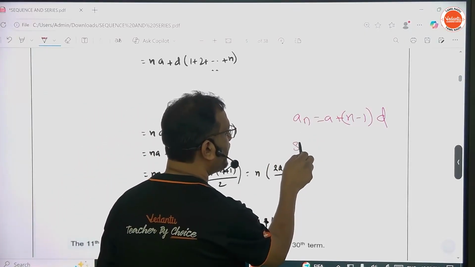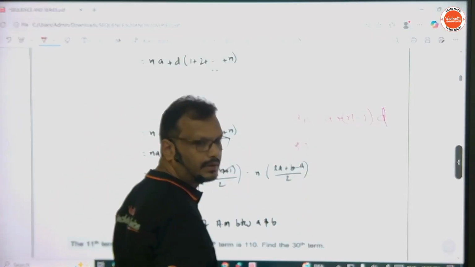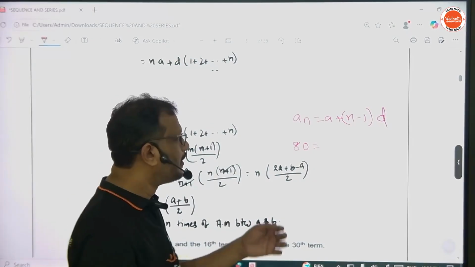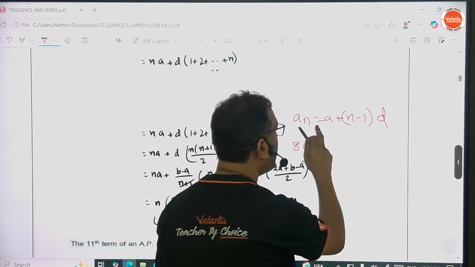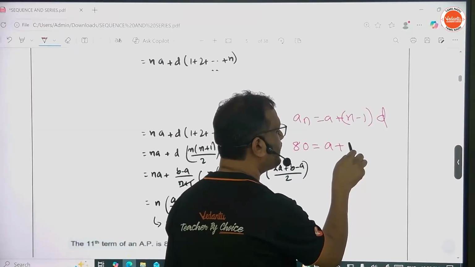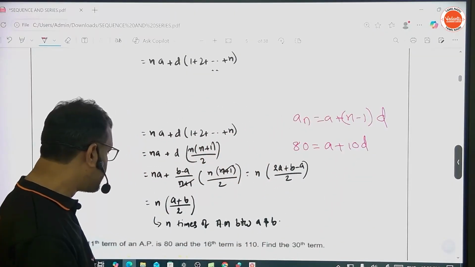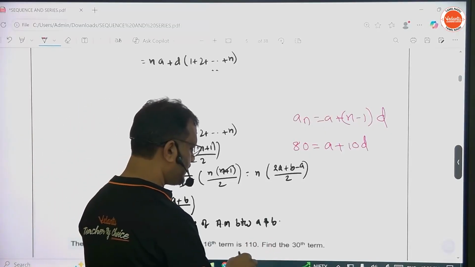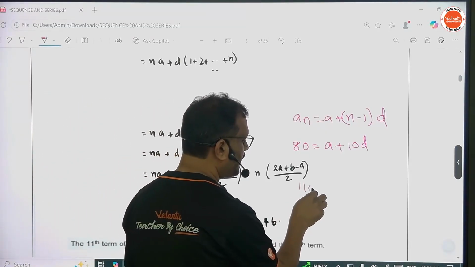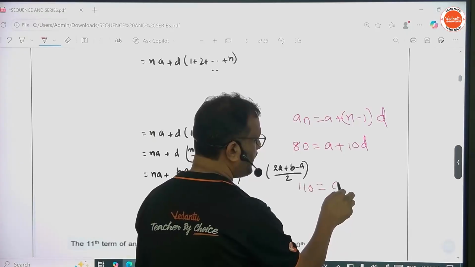A11 means it will be 80 equals A plus, we don't know, only we know the n value, n equal 11 if you substitute, A plus 10d. That is one equation. And the next one is the 16th term. What is that? 110. So 110 equals, n equal 16, A plus 15d.